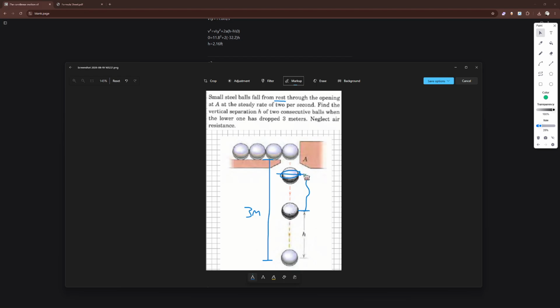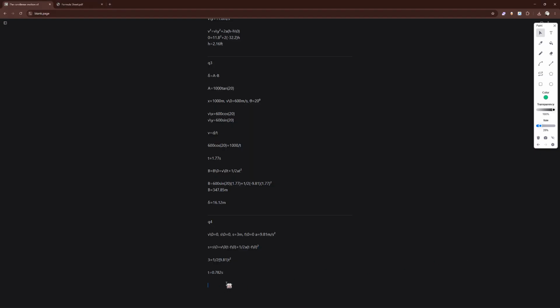You need to be looking out for these when doing these questions. So this is a full second of separation, and then this is a half second separation, because the second ball hasn't dropped yet here. Hopefully that made sense. It sounds a little nonsensical when I said it out loud.